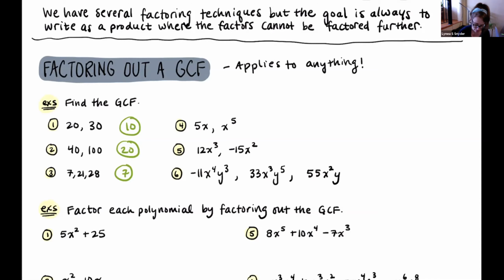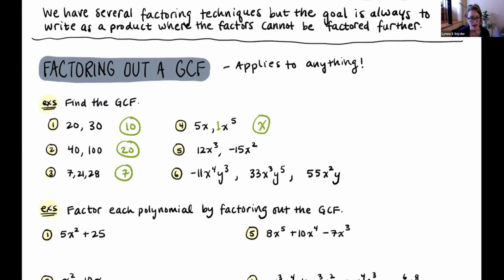So the numbers here, or the coefficients, are 5 and 1. And so looking at those separately, the greatest common factor would be a 1, right? And then you've got x to the first and x to the fifth. And the greatest factor that goes into both of those powers of x would just be x to the first. So the greatest common factor of these two terms here is going to be just x to the first.